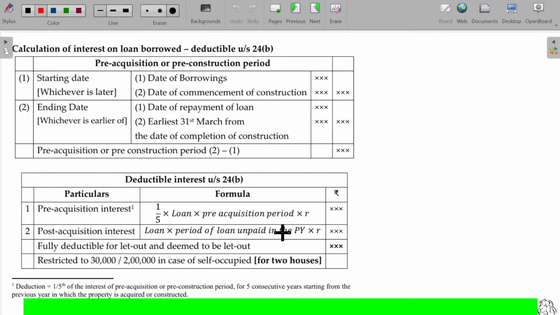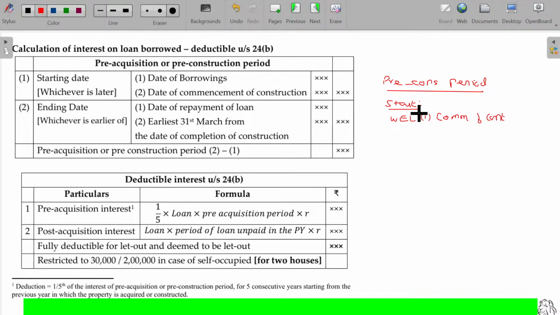Now, in case of the pre-construction period, the starting date is whichever is later of the commencement of construction date and the date of borrowing.